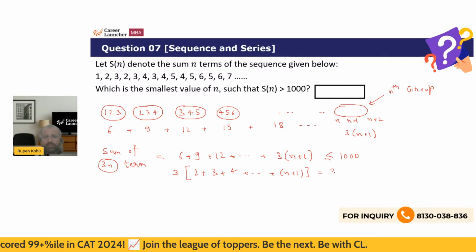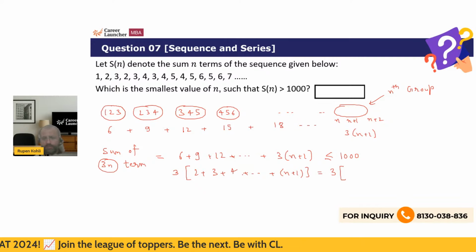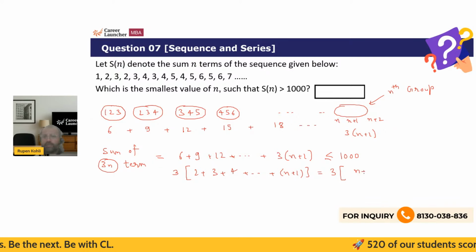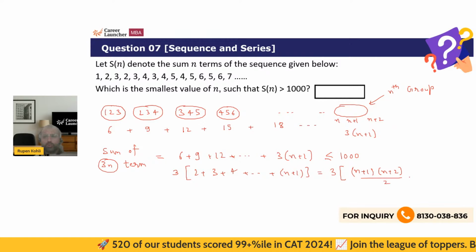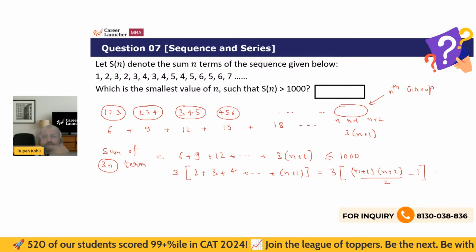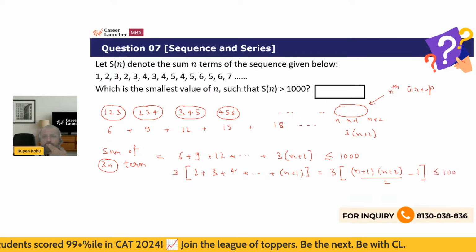So that is nothing but 3 into the sum of the first n plus 1 natural numbers minus 1. So n plus 1 into n plus 2 upon 2 minus 1 needs to be less than or equal to 1,000.